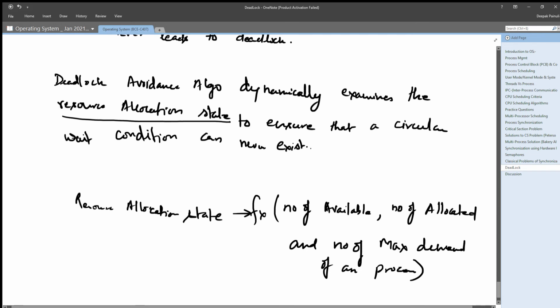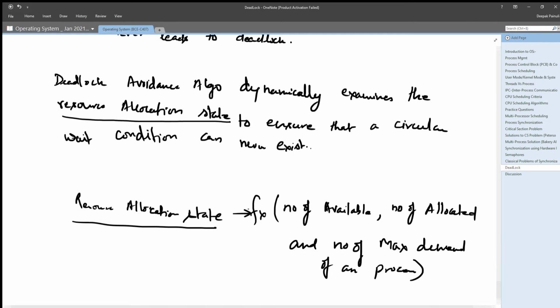So resource allocation state will simply describe the number of available resources in the system, the number of allocated resources in the system, and the maximum demand of a particular process, right?